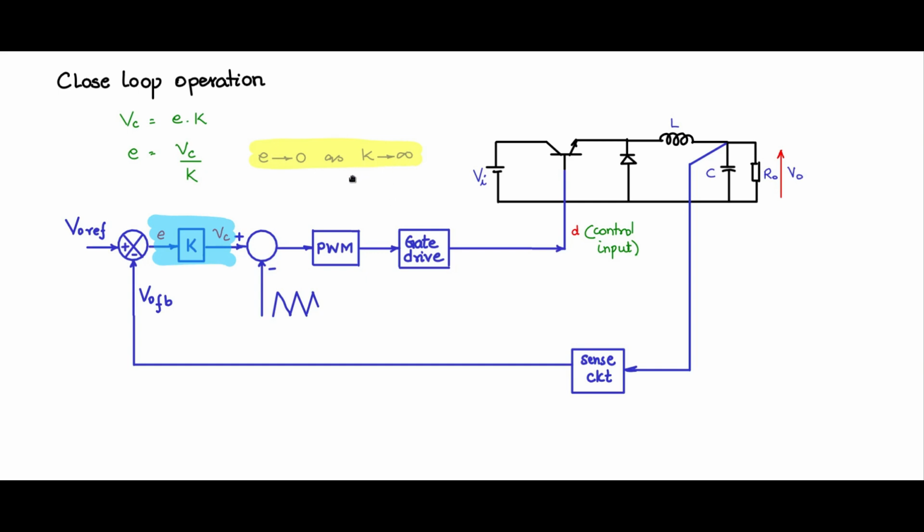You have to make the controller gain as high as possible to achieve error tending to 0. However, there are many problems in trying to make controller gain infinite. So we need to apply some constraints, and under some operating conditions we will try to make K tend to infinity. So let us have a look at how we go about doing that.